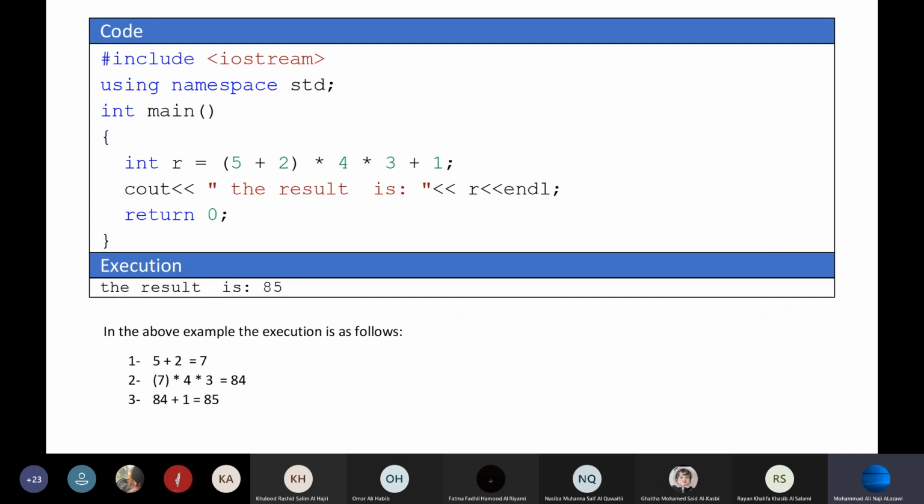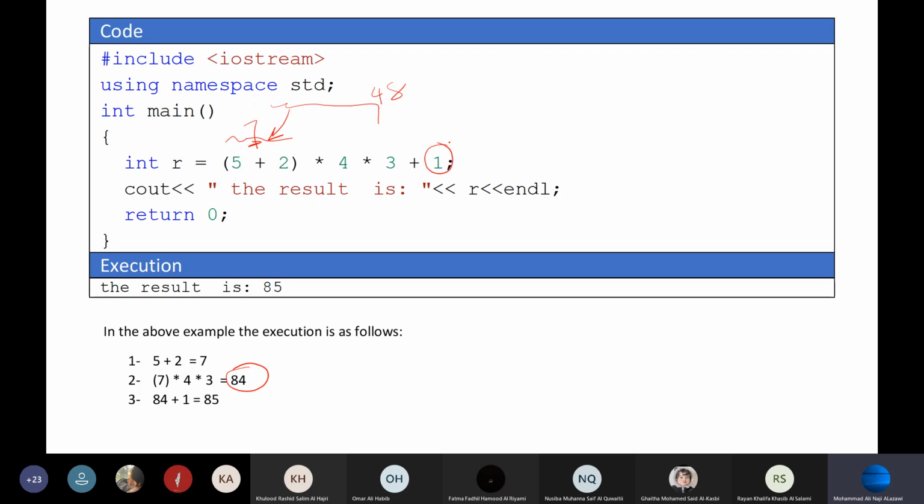Let's see another example. If r is equal 5 plus 2 times 4 times 3 plus 1. So I will start with the numbers between the parentheses. In this case, this equals 7. Then multiplication, 7 times 4 times 3 equals 84.